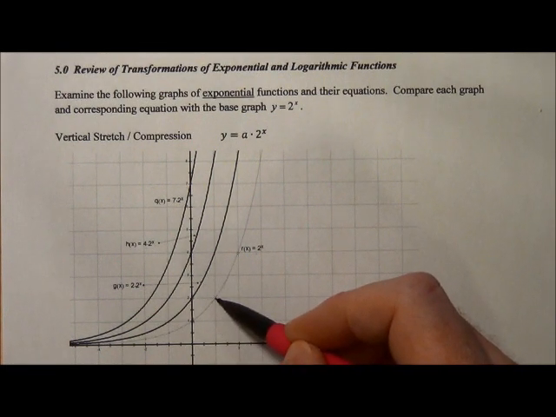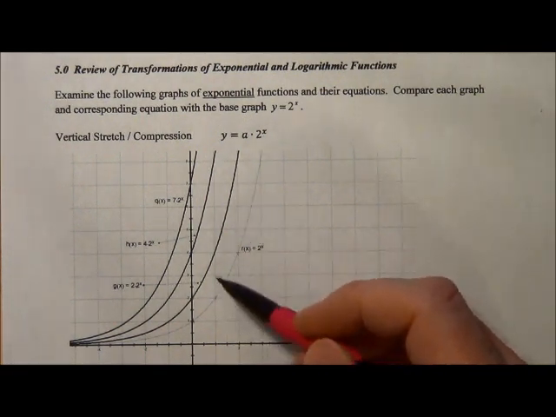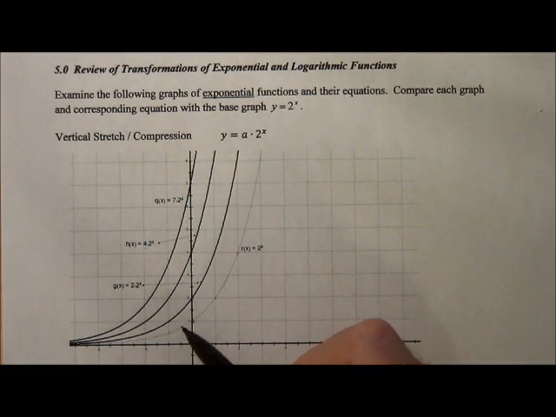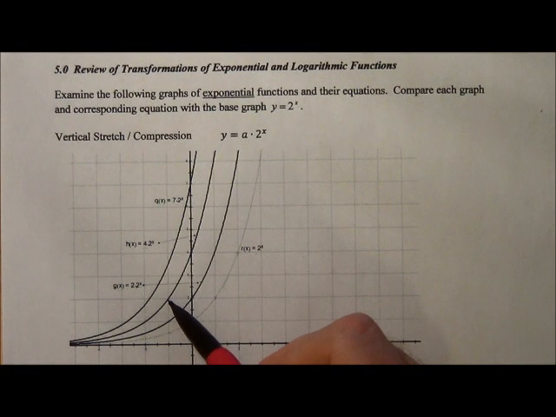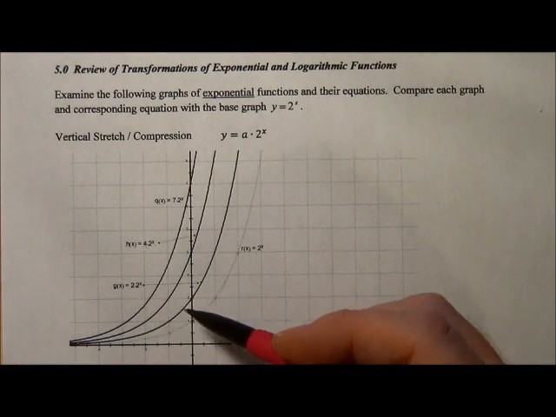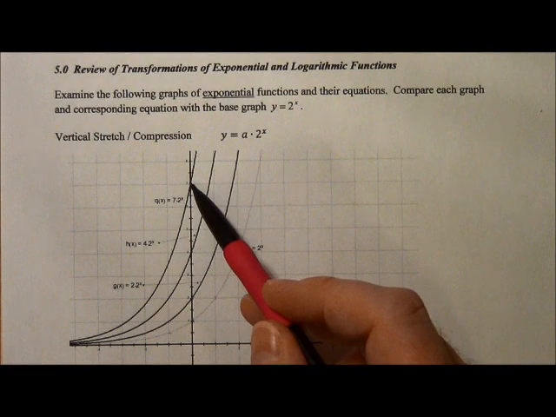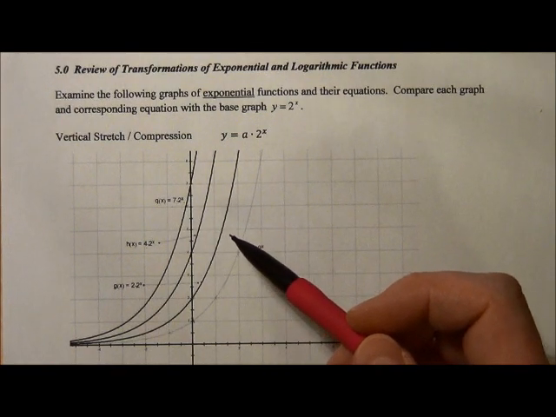X equals 1, y equals 2 becomes then x equals 1, y equals 8. And then the rest of the points are off the scale way up here. When we have x equals -1, y equals a half, on this transform function we've got then x equals -1, y equals 2. Okay, and the rest of that continues. And then when we have the original function multiplied by 7, same kind of thing goes, all the y values get multiplied by 7. Okay, as we could continue with that process.